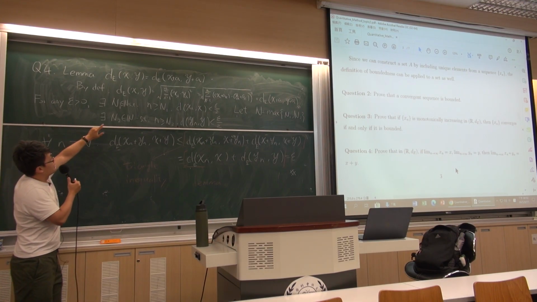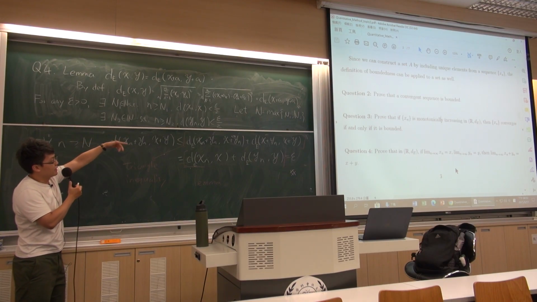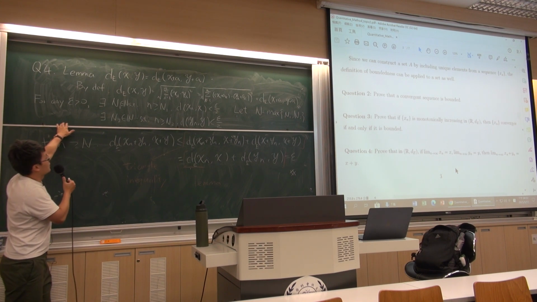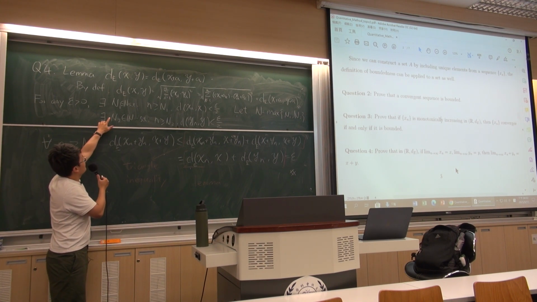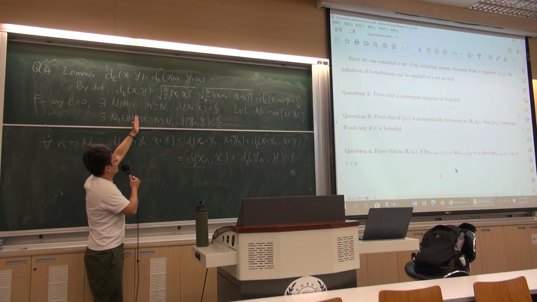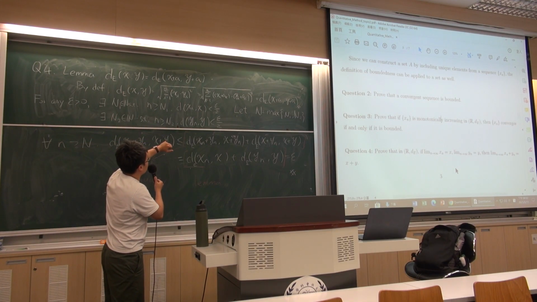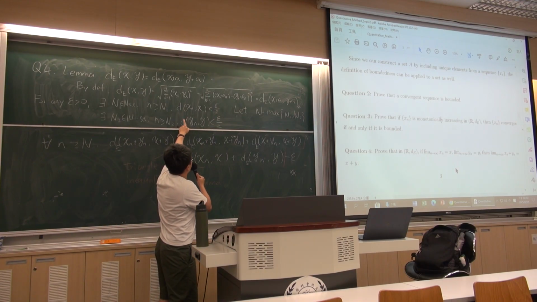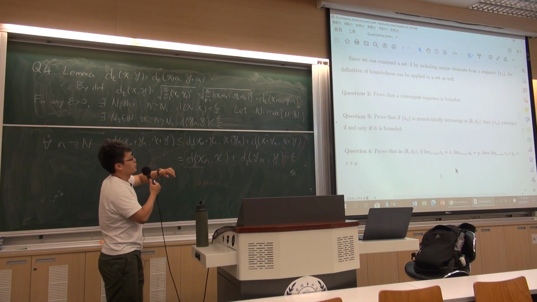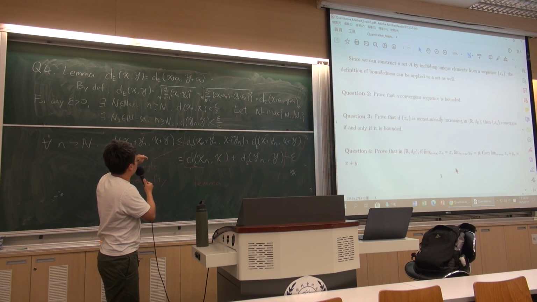Because we know the sequence of xn and the sequence of yn converge, we are going to find a big N1 and a big N2 such that when small n passes these two terms, the distance between xn and x will be close enough, which I put the criteria as epsilon over 2.